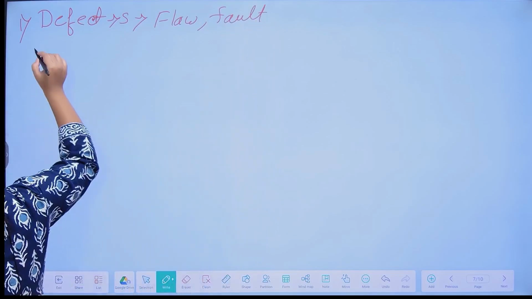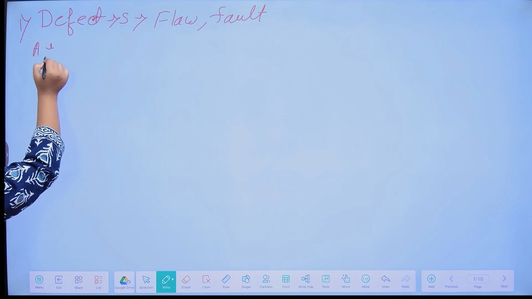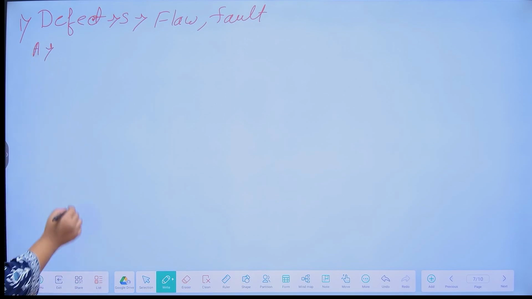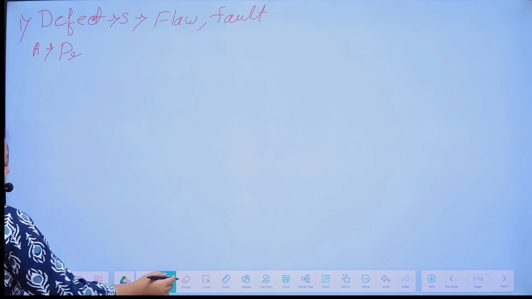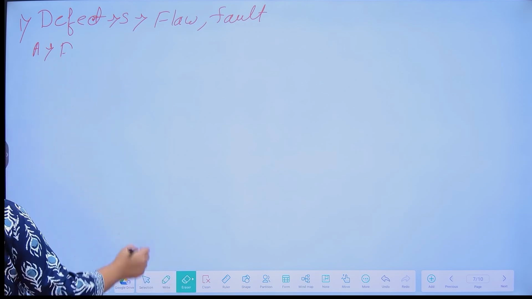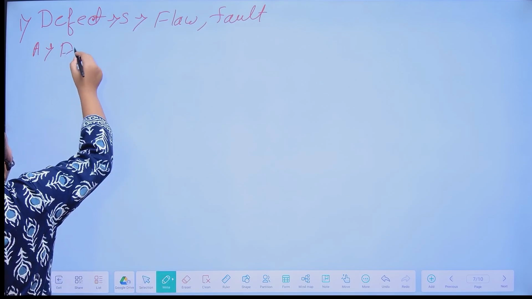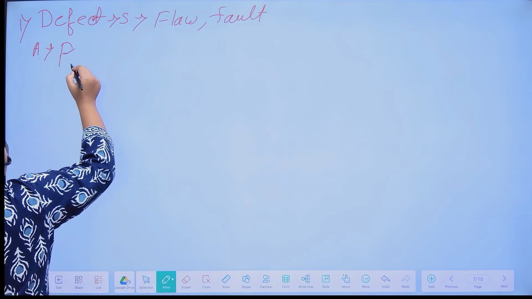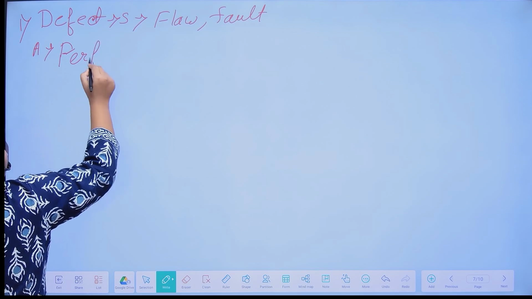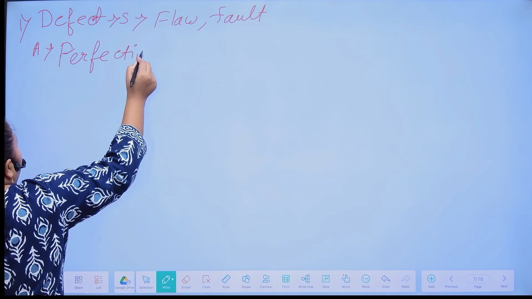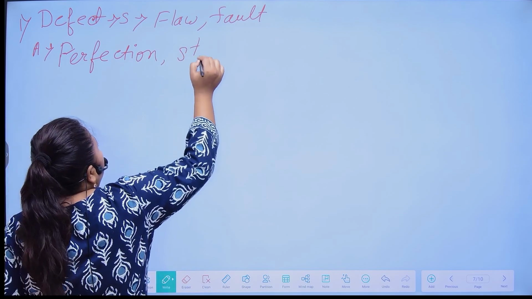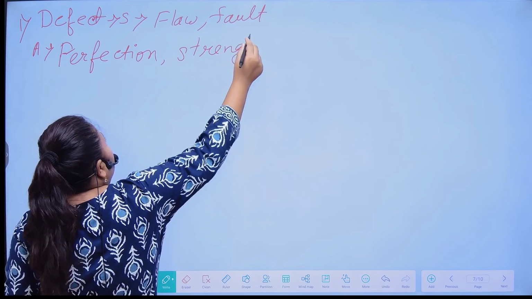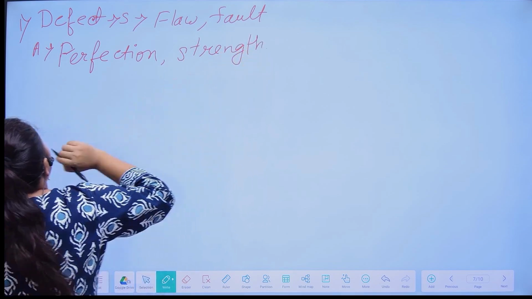Now the antonyms of defect are perfection and strength.